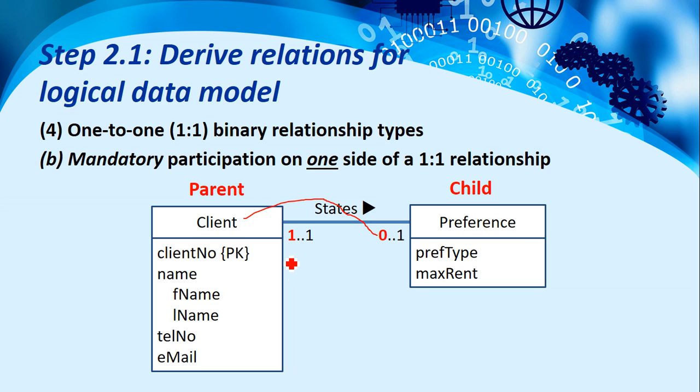So, since as mentioned kanina, no, kung 0 to, kung 1 to mandatory, kung 0 optional. Now, since 0 nga to, so therefore the client is optional. Optional yung ano niya. And ito, this one here is the mandatory.